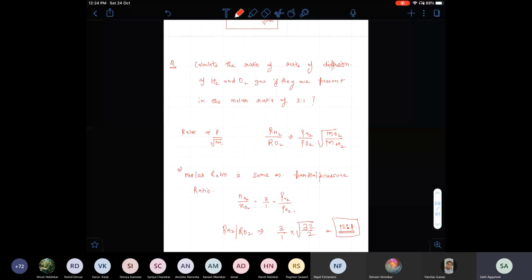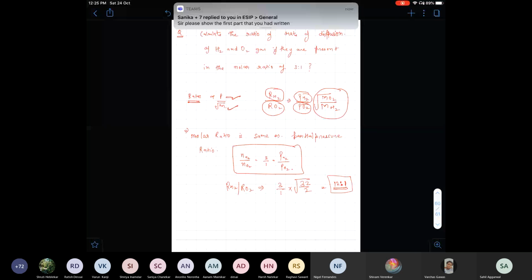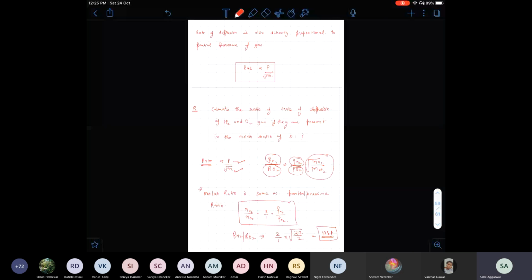Rate was directly proportional to pressure, inversely proportional to mass. So rate of hydrogen divided by rate of oxygen is directly proportional to pressure ratio and inversely proportional to mass. Now pressure ratio is same as that of molar ratio, which is given in the question, and mass we already know. So we'll put all the values, we'll get the answer.